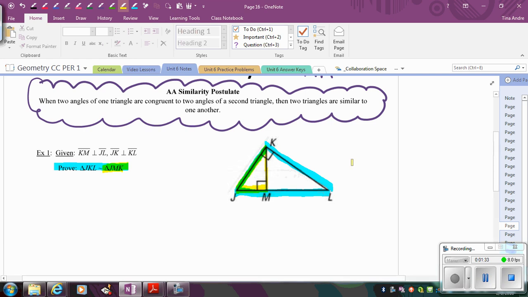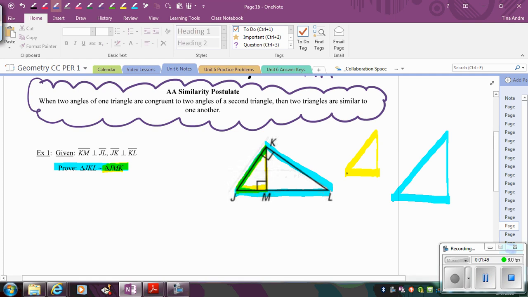So the first thing I'm going to do is redraw these. If I look at the small yellow triangle and compare that to the blue triangle, I'm going to rotate that so the right angle is in the same position. Let me get my letters on here.